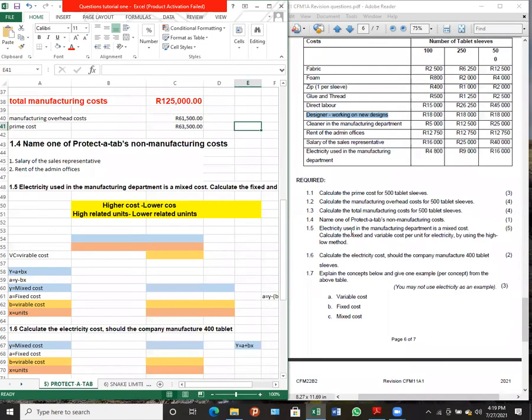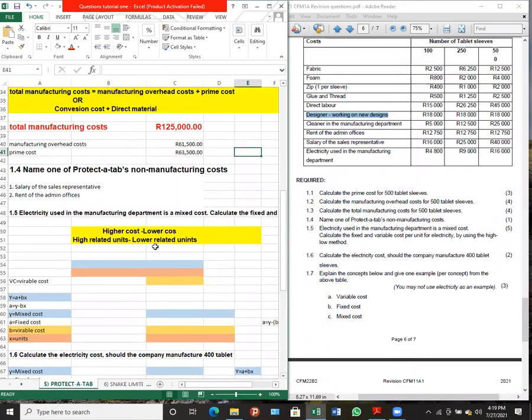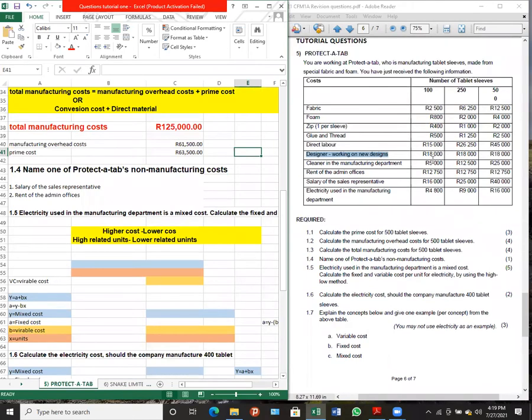Are we together? Here we have been required to calculate the fixed cost and the variable cost per unit for electricity by using the high and low method. You still remember the high and low method, guys? Yes. We are going to use the high and low method.